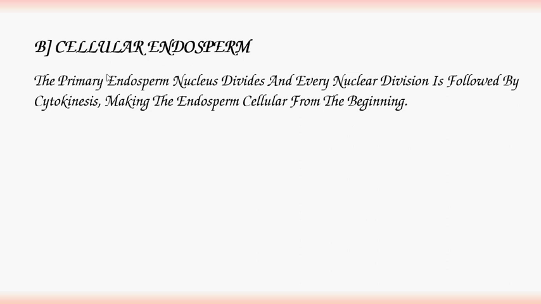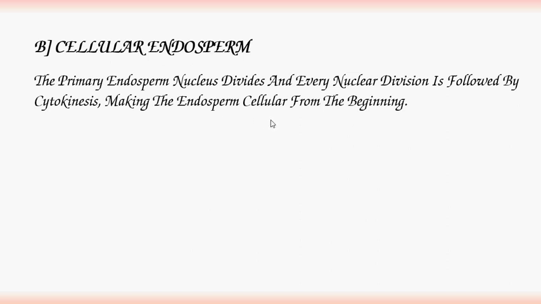So the major difference between cellular endosperm and nuclear endosperm is that nuclear endosperm is formed by free nuclear division and becomes cellular at the end of the divisions, whereas in cellular endosperm development, every nuclear division is followed by cytokinesis or cell wall formation. As a result, from the start onwards, the endosperm is cellular.